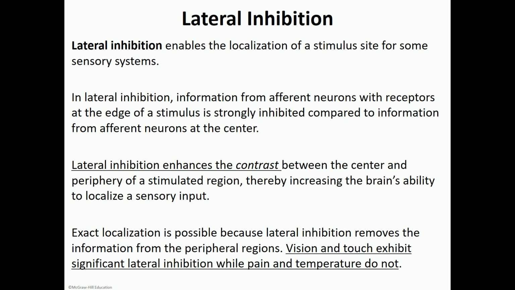So less information, or a lower frequency of action potentials, will be sent from A and C to the brain. Lateral inhibition really enhances the contrast between the frequencies of action potentials.